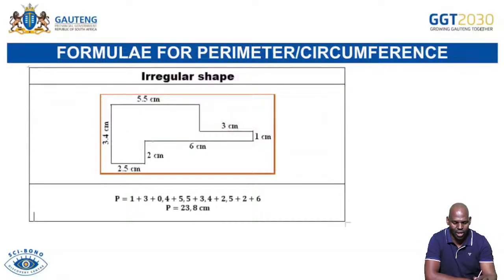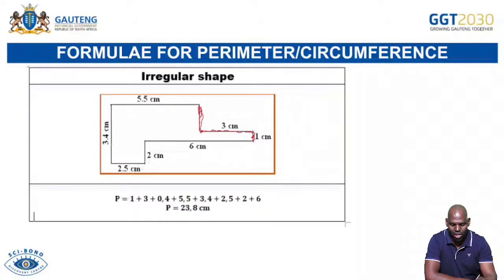Like if you look at this one, if you have to calculate the perimeter, then you have to add up all the sections that are indicated here, all the sides that are indicated here. So for instance, in this one, as an example, the perimeter is, we have to add this side, and then we have to add this, which is 3. We have to add this, but this one is not indicated.